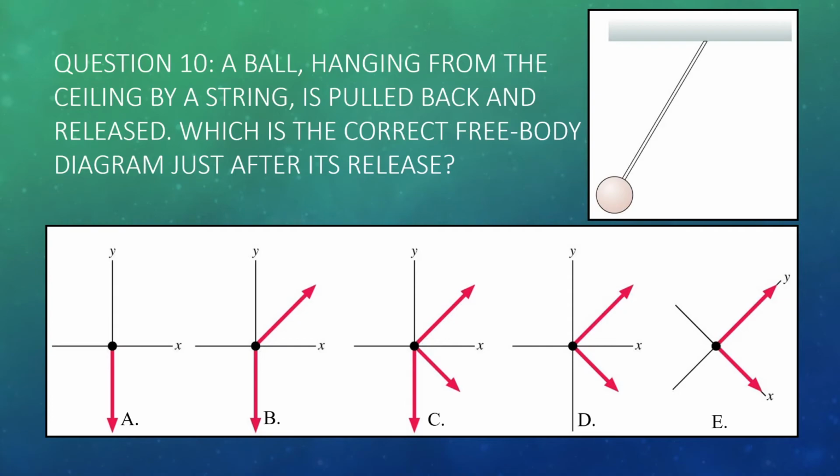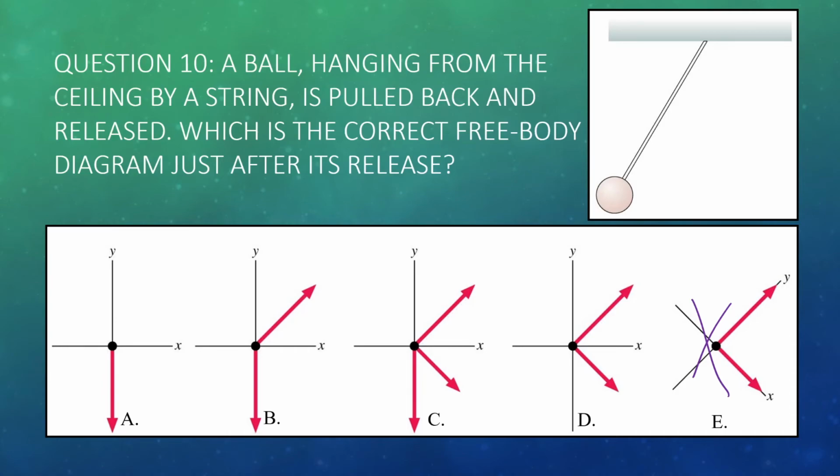In this case, the first thing I'll mention is that the rope is at an angle, but it's not an object moving on a ramp or an incline. So we do not tilt our axes in this case, like shown in E. We don't tilt our axes. That is only for objects that are moving along an inclined surface. This is just a ball swinging back and forth.